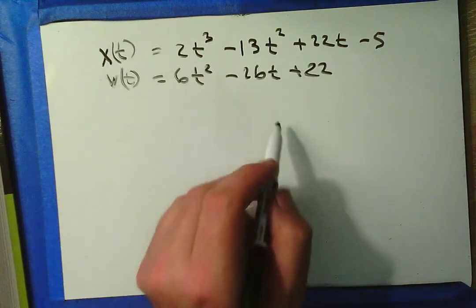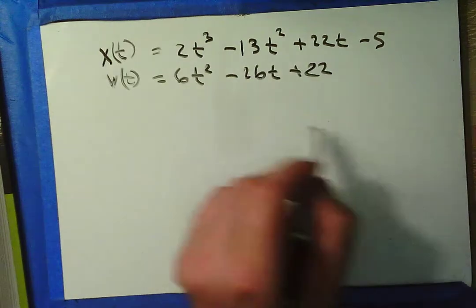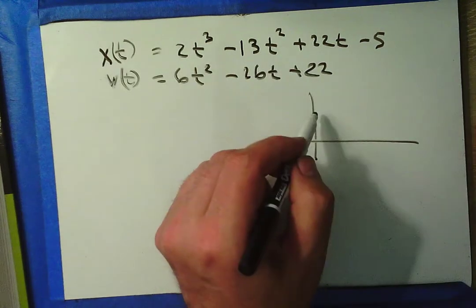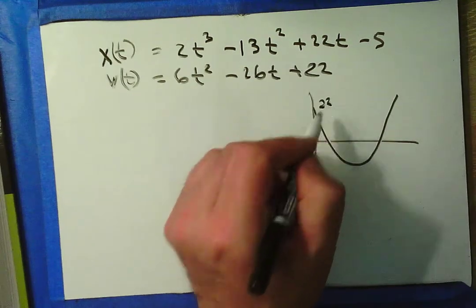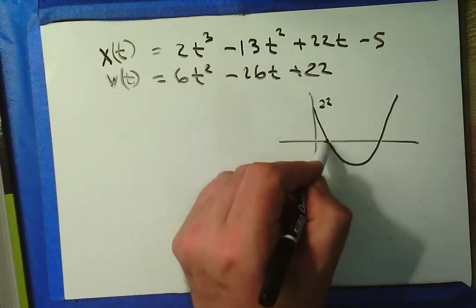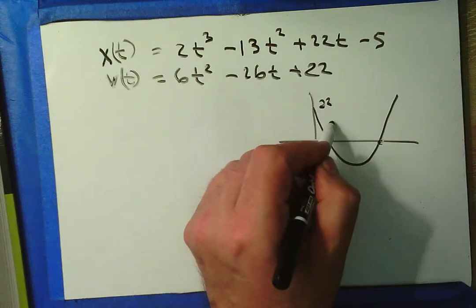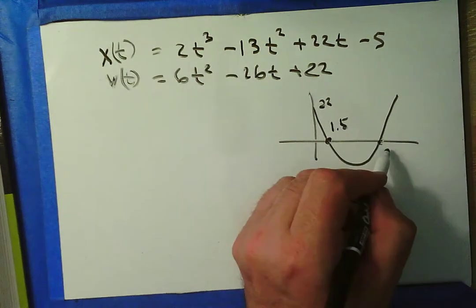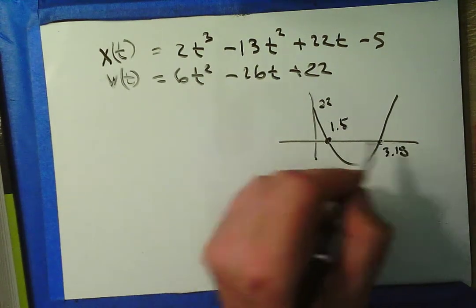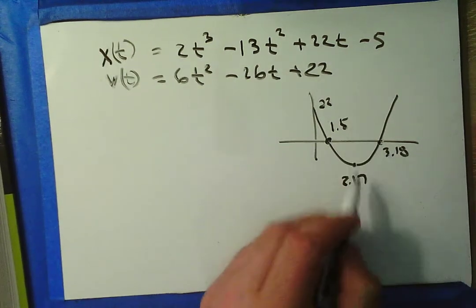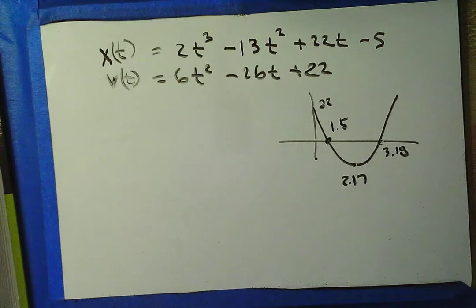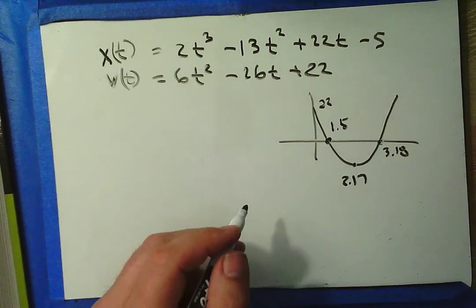And when I think about the velocity graph, I see that velocity has an intercept at 22. When I graphed on my calculator, I had 1.5, I had 3.18, and here I had 2.17. You should really take these to 3 decimal places. I'm sorry I don't have those for you right now.